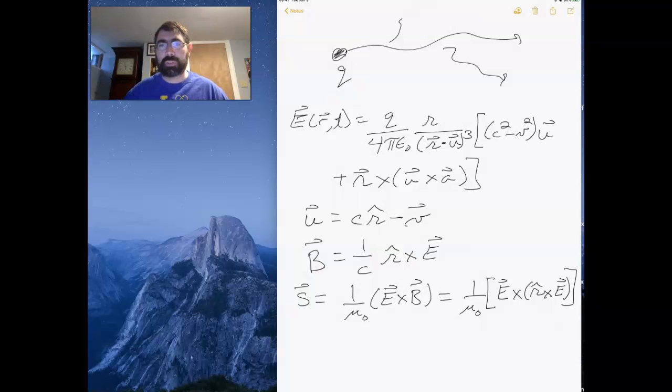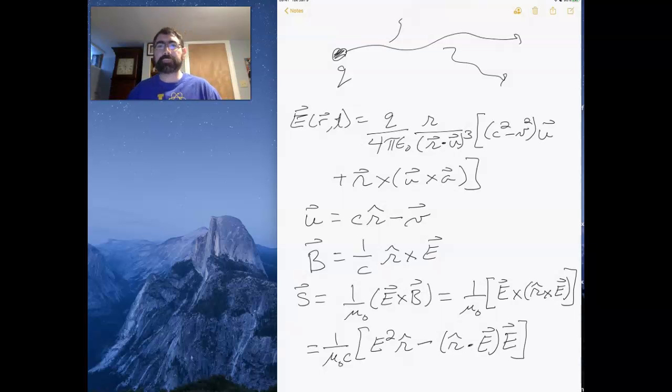If you work out the triple cross product, what you would get is 1 over mu 0 times the speed of light, the electric field squared, so E dot E, times R hat, minus R hat dot E times the electric field.